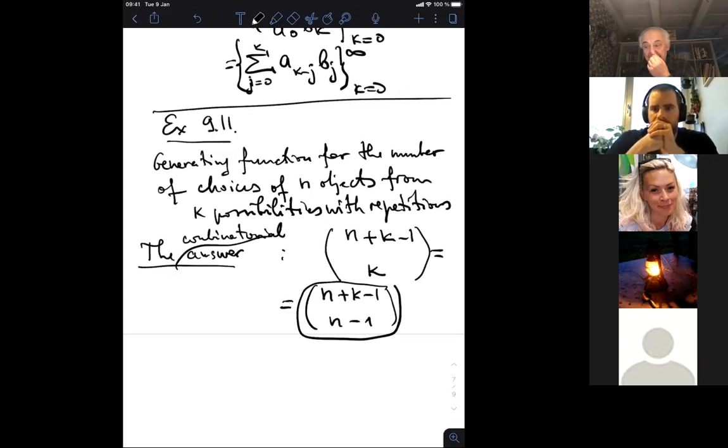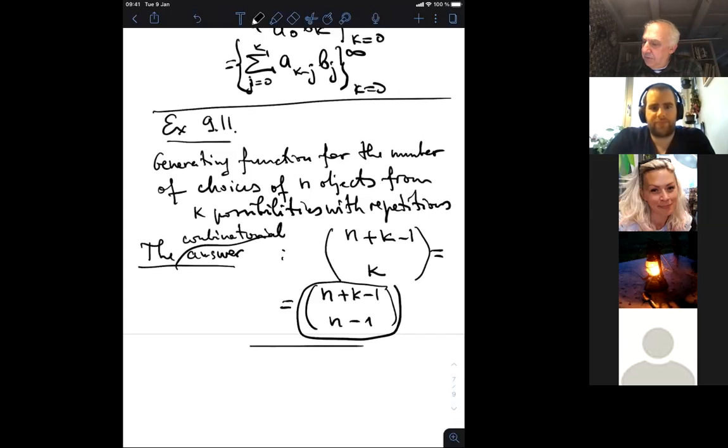So the number of dividing books is n minus 1. Yes, n minus 1. Okay.